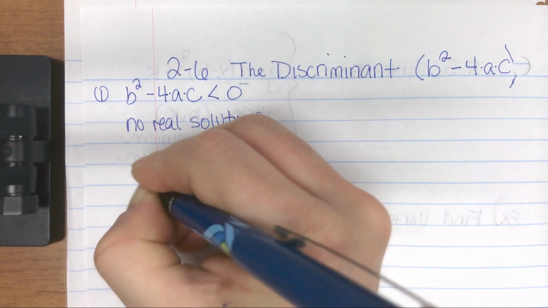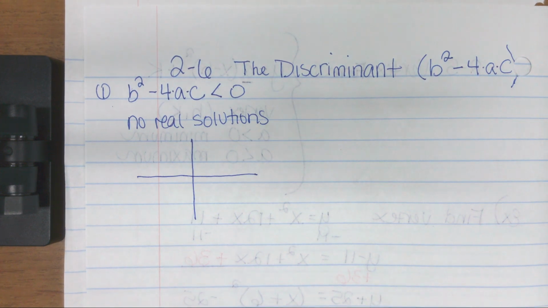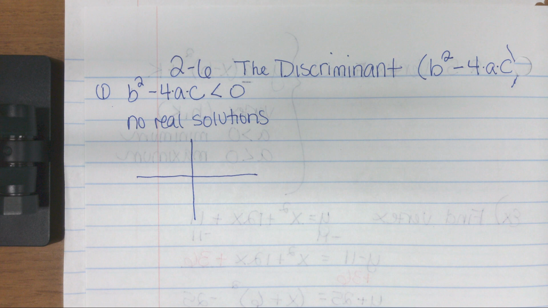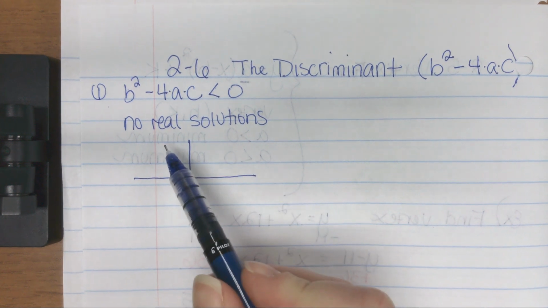Let me give you a picture. No real solutions on a graph. Solutions occur when the parabola hits the x-axis. So what would no real solutions look like then, do you think? Something that doesn't hit the x-axis. So maybe a parabola, it's still going to be a parabola.